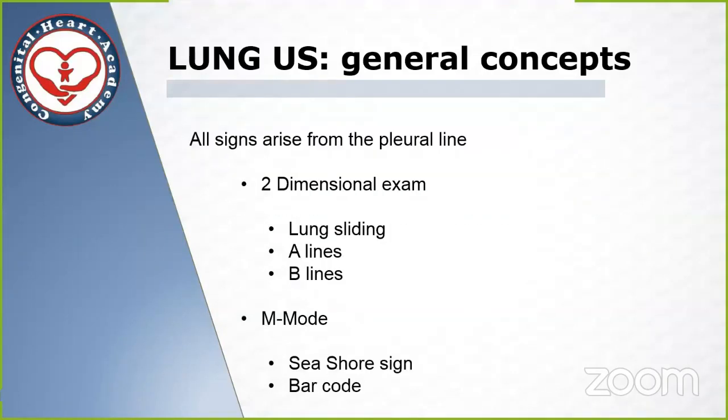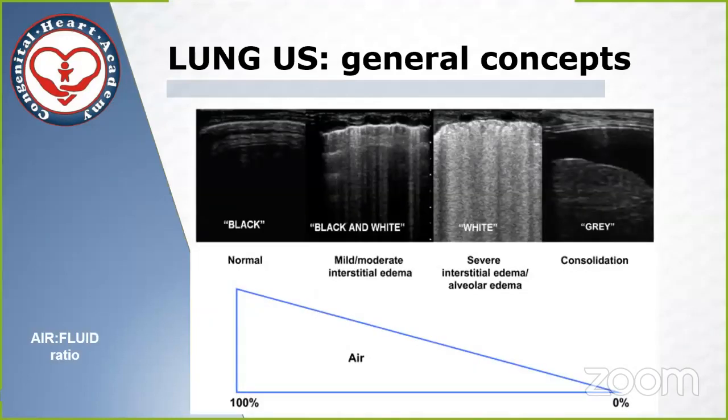And to structure the information in a very systematic way, we need to analyze in a two-dimensional exam, and look for 3 signs: lung sliding, A lines, or B lines. And if we want to proceed and analyze the M mode, we can find a couple of signs that are very, very helpful to diagnose common problems in our patients.